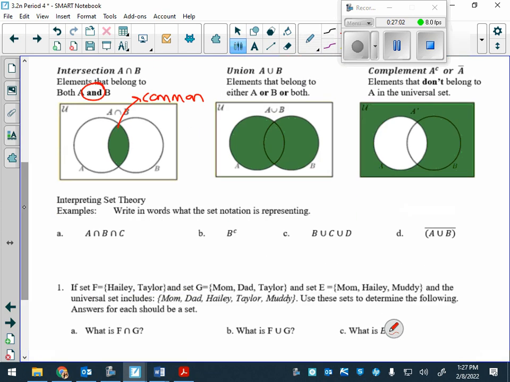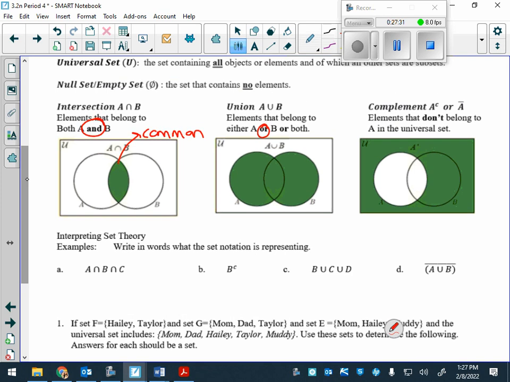And means both. When you have U, that stands for union. This is very important because the majority of times we forget about that middle part. It stands for or. It's A or B or both. So it also includes the intersection. That's why both circles are fully filled out.